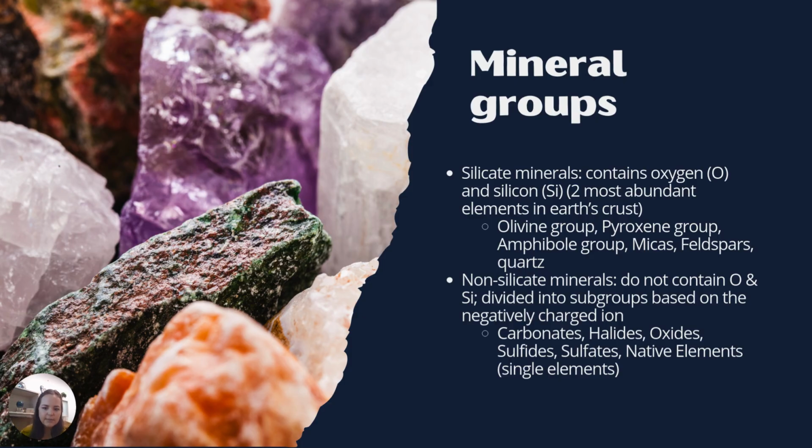The non-silicate minerals do not contain oxygen and silicon, and each of those are divided into some subgroups. For example, the silicate minerals contain olivine group, pyroxene group, amphibole group, micas, feldspars, and quartz. And then the non-silicates, we have carbonates, halides, oxides, sulfides, sulfates, and native elements.